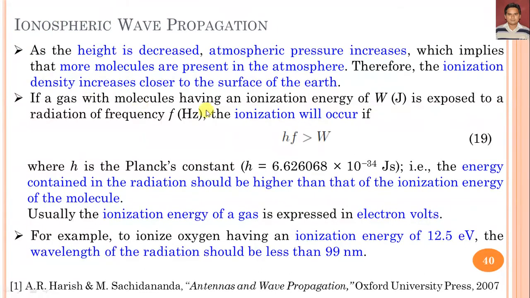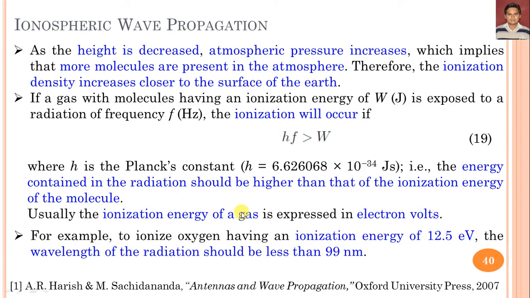If a gas with molecules of ionizing energy W in joules is exposed to radiation of frequency f, ionization will occur if h times f is greater than W, where h is the Planck constant, whose value is given here. So the energy contained in the radiation must be higher than the ionizing energy of the molecule.